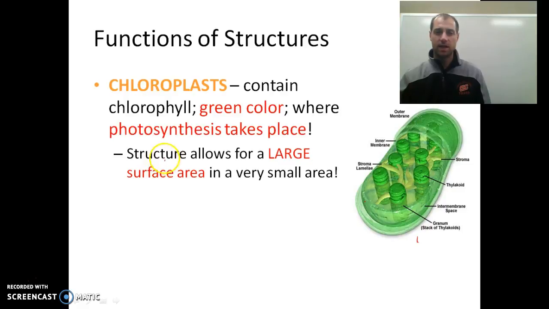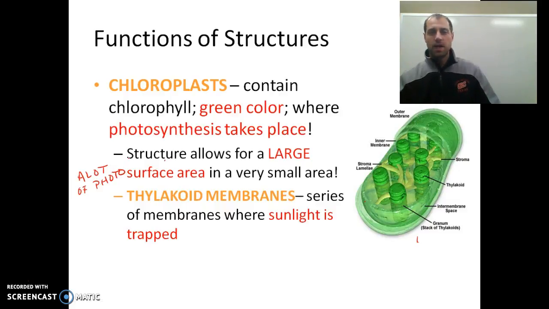This surface area allows for a lot of photosynthesis. The thylakoid membranes are a series of membranes that are going to capture the sunlight and allow us to go through photosynthesis.